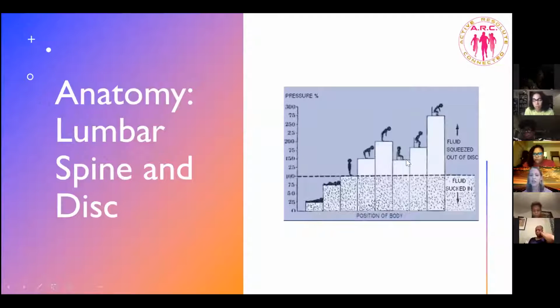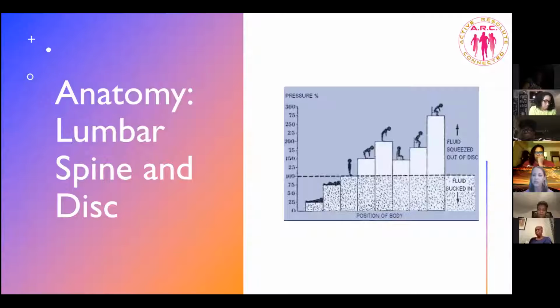This next picture that I included is to illustrate to you all that the position of your body can play a big impact on what's going on in your low back and your disc. So for those of you who have low back pain that we've identified, or even those of you who think you might have hip pain or knee pain, but maybe you have some back pain too, I want you to look at this. Some stretching that we do and some positions that we might do in other activities like yoga, and also our posture during our daily activity, that can hurt our low back.